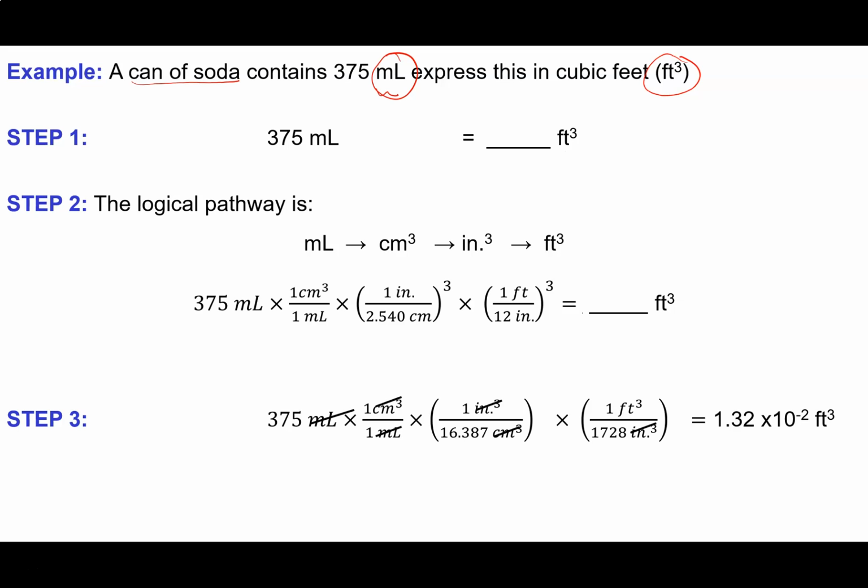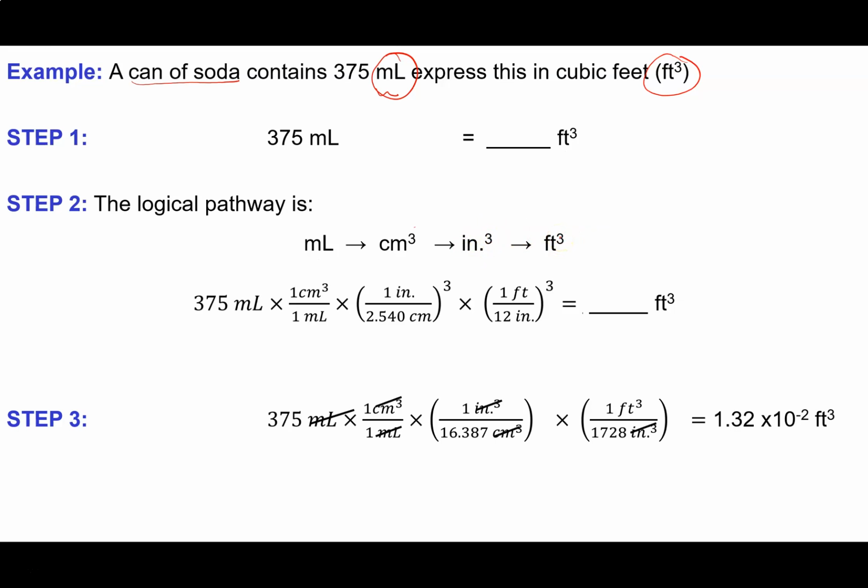So the pathway that I would go is, and you might choose a different one, it doesn't matter, is milliliters to centimeters cubed. And then I'm going to use the information that I know about centimeters and inches to go from centimeters cubed to inch cubed. And then finally, I'm going to use the information I know about feet and inches to go from inch cubed to feet cubed.